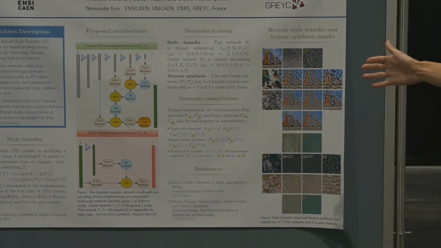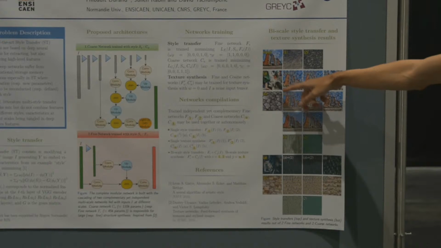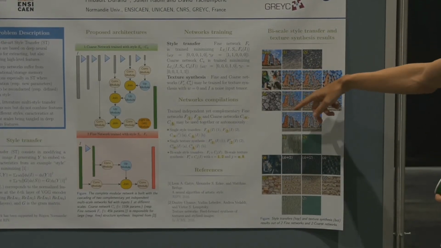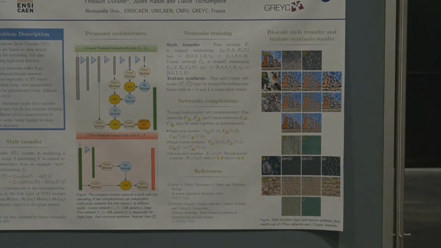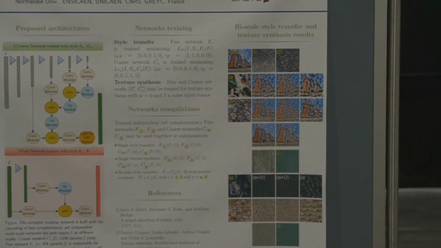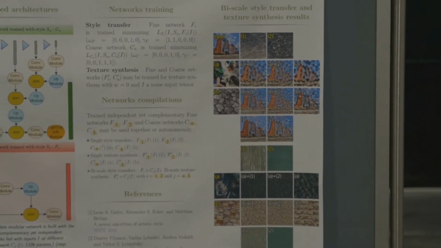As you can see here, we combine a network trained for transferring those textures with a network trained for transferring those structures in this image. So it's a very light method for artistic style transfer, mixing styles at different scales. Thank you.